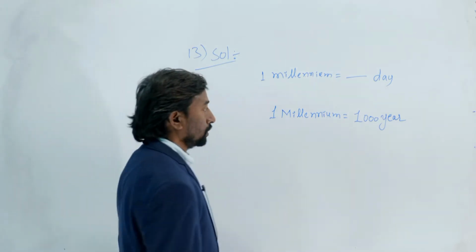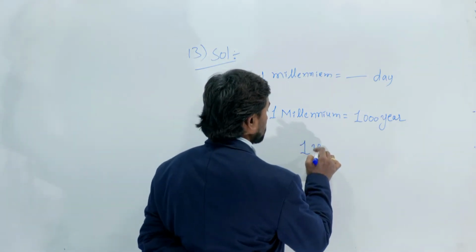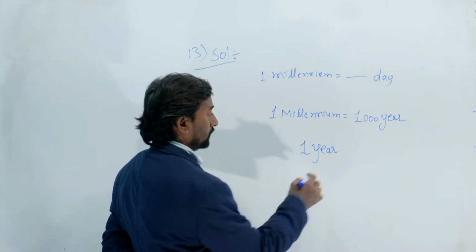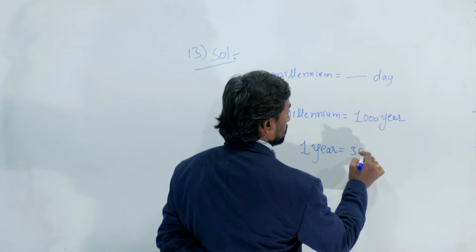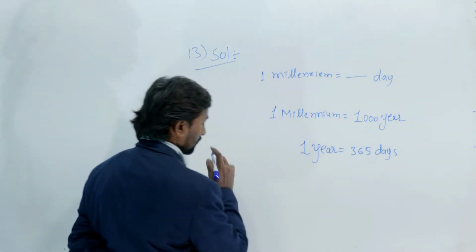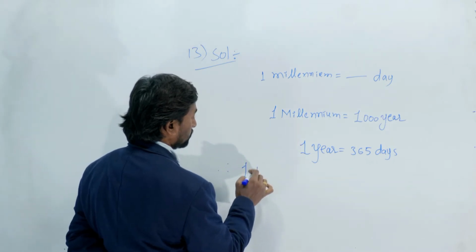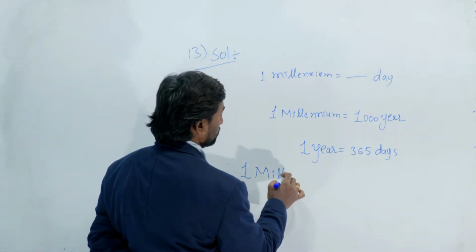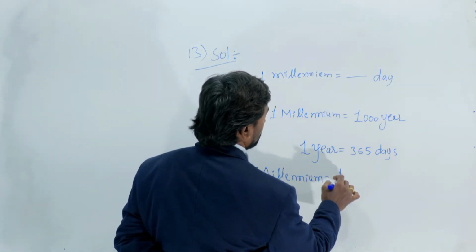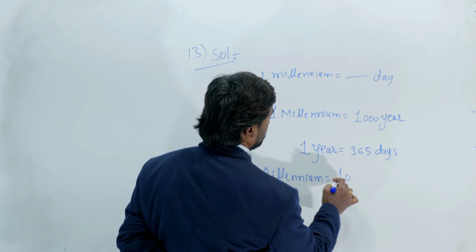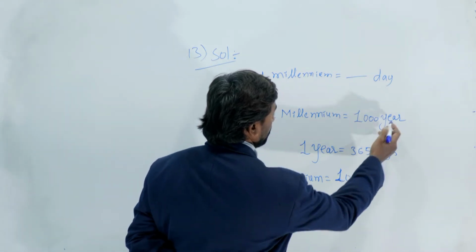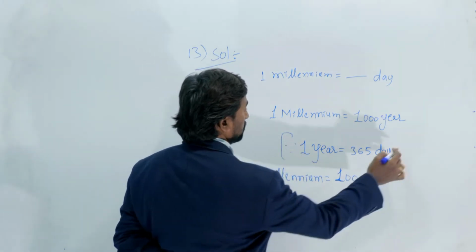We know that 1 year is equal to 365 days. Now, 1 millennium is equal to 1000 times 1 year, and here 1 year is equal to 365 days.